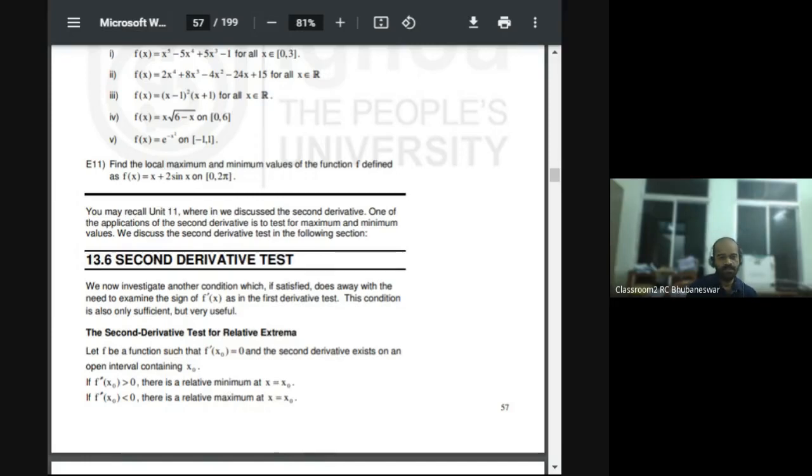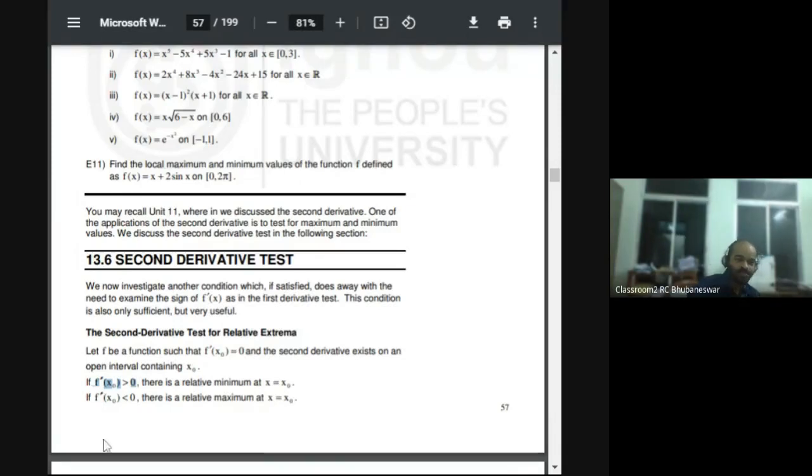So here, after calculating the second derivative of the function at that point x0, if the value is positive, then the conclusion is that the function attains a relative minimum value at x equal to x0.